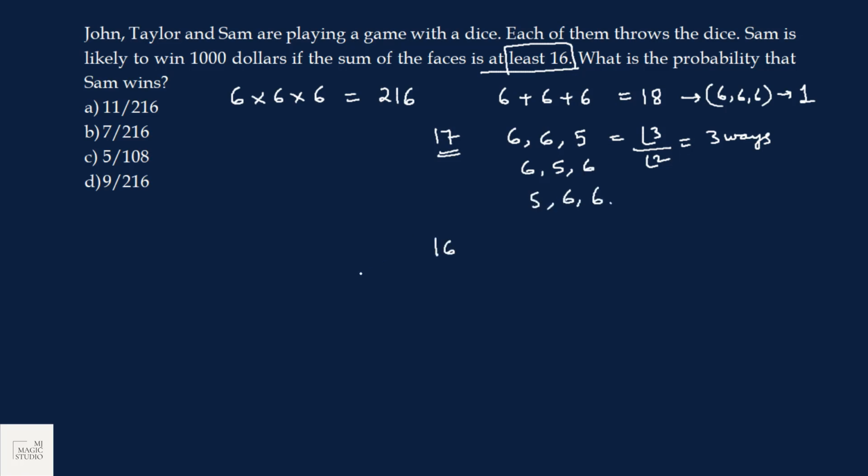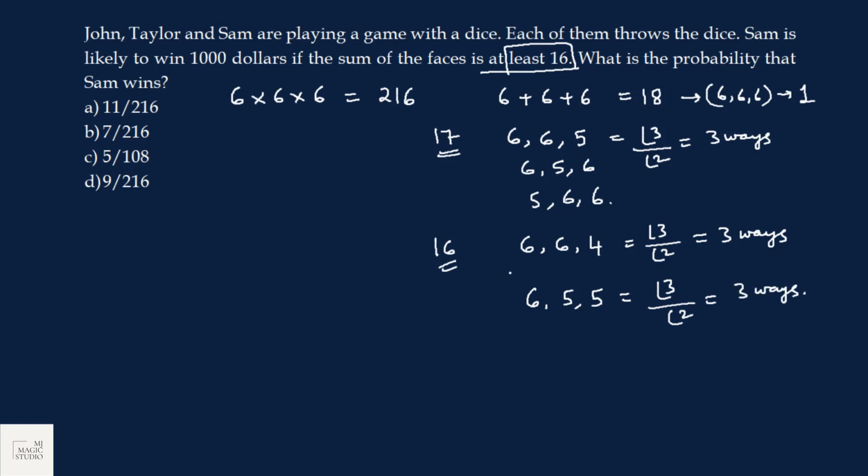Now 16. We can have 16 as 664 or 655. These are the two cases in which we can have the total 16. For 664 we will have factorial 3 by factorial 2, that is 3 cases again. That will be 646 or 466. And for 655 we will have again factorial 3 by factorial 2, that is 3 cases again: 655, 565 or 556.